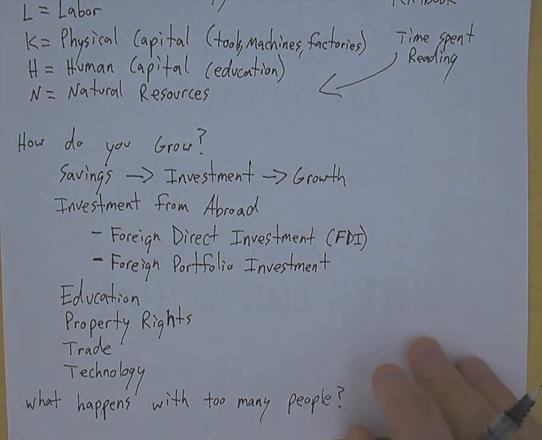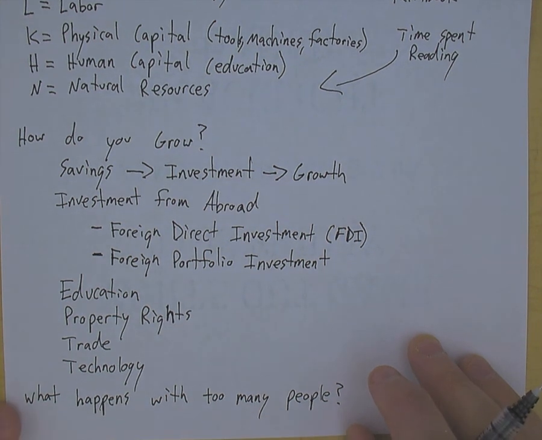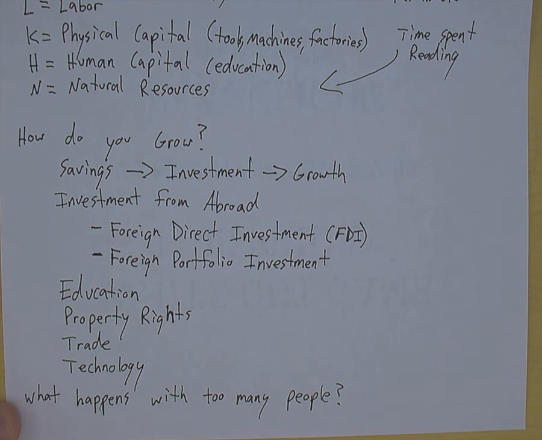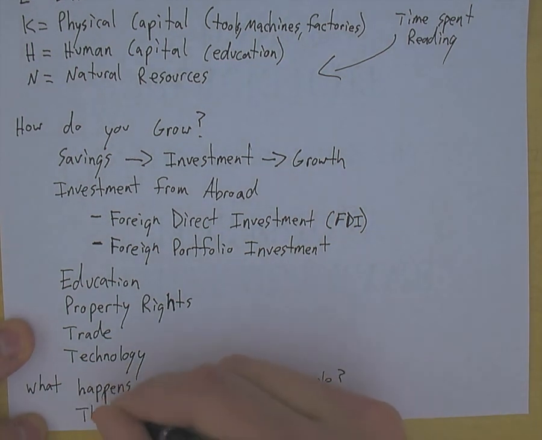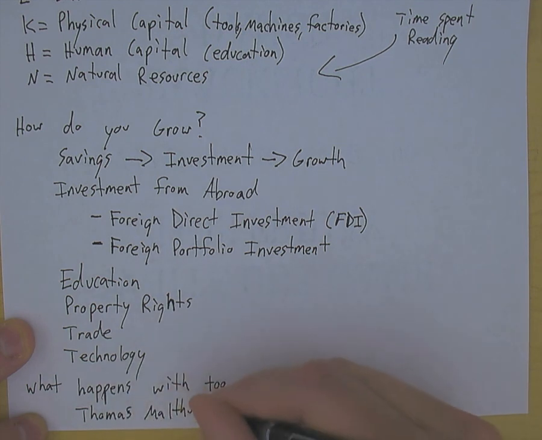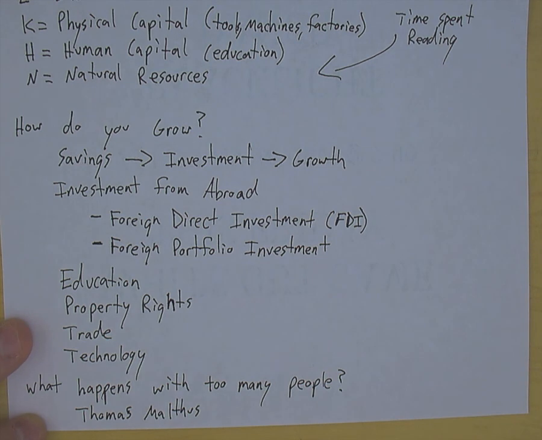If all of a sudden we have more mouths to feed and we have more people taking scarce resources, we've made a step forward in, let's say, Tanzania, and all of a sudden we are supposedly better off, but now people are living longer and healthier, so they use more resources. Now all of a sudden we're back to being poor again. I want you to read also chapter 25 about this guy named Thomas Malthus. He's an interesting character from 19th century England. He makes some grand projections that turn out to be wrong so far, but will they be wrong long term? That's something to figure out.